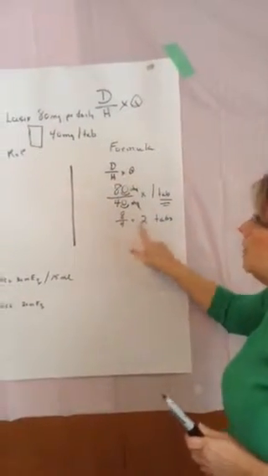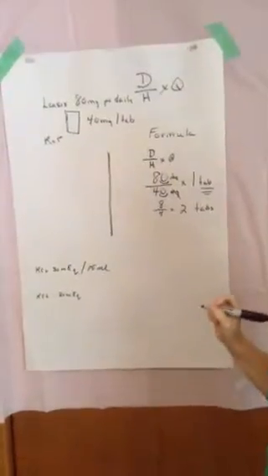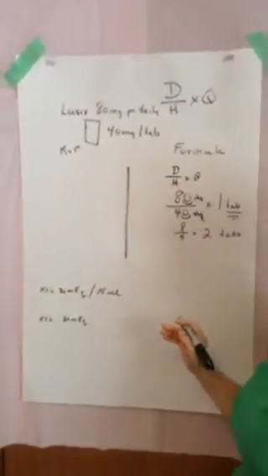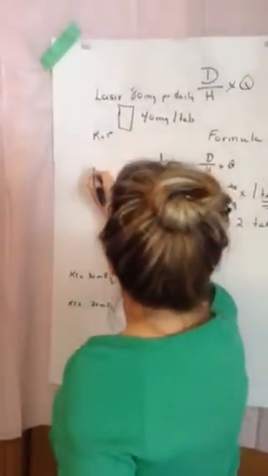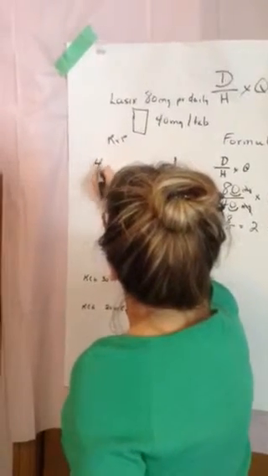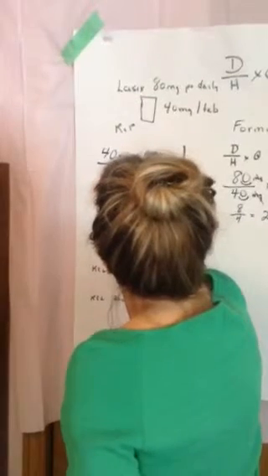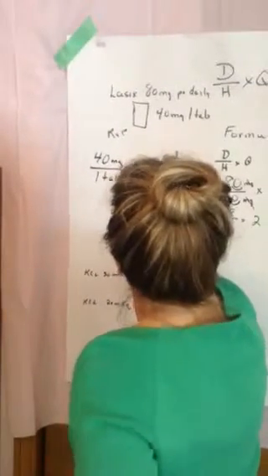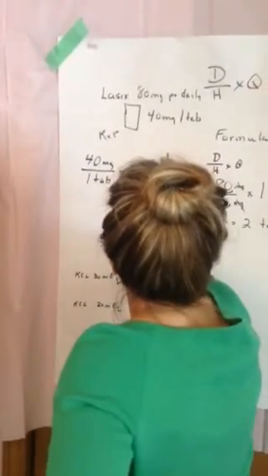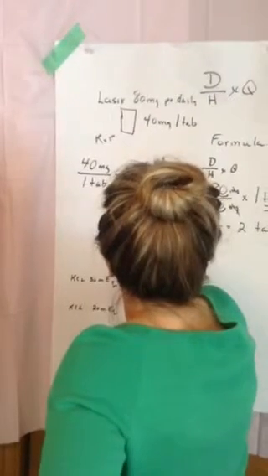Now I'm going to come over here and do ratio and proportion, which is actually the method I prefer. So, what are we given? We look at the bottle, we have 40 milligrams is 1 tab, which is equal to 80 milligrams is X tabs.